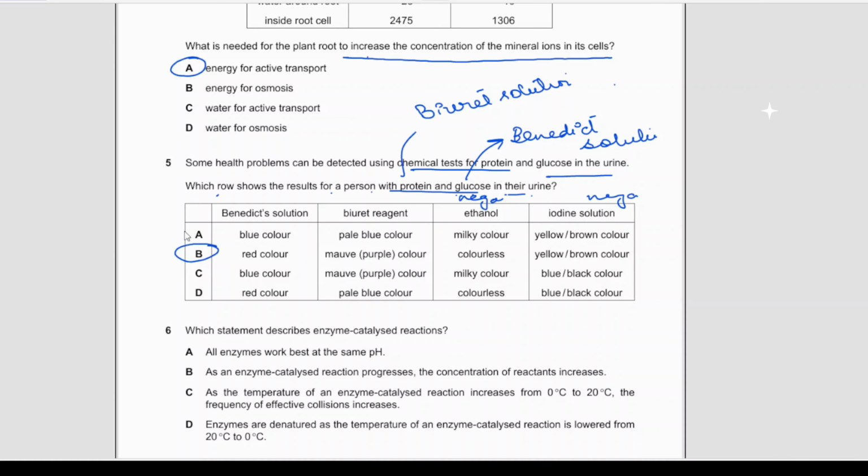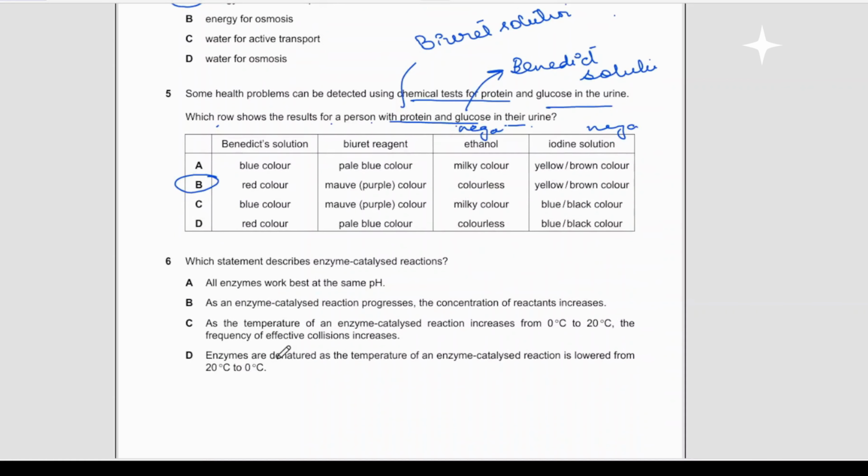Yes, SB. Which statement describes enzyme catalyzed reactions? Number one, all enzymes work at the same pH. No. Mouth has a different pH, stomach has a different pH. As an enzyme catalyzed reaction progresses, the concentration of reactant increases.